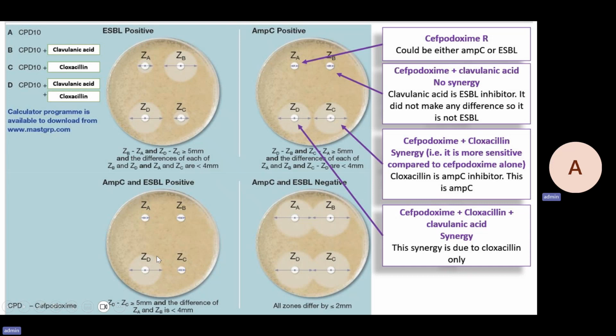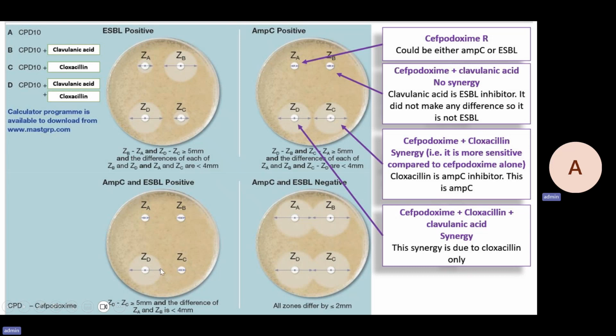Here, see, zone size around both of them. So that means you need both clavulanic acid and cloxacillin to produce this zone. So what's happening here? Here, clavulanic acid was trying to break free, but because this organism is also an AmpC producer, it didn't allow it. Here, cloxacillin was trying to break free, but because it's also an ESBL producer, it didn't allow it.